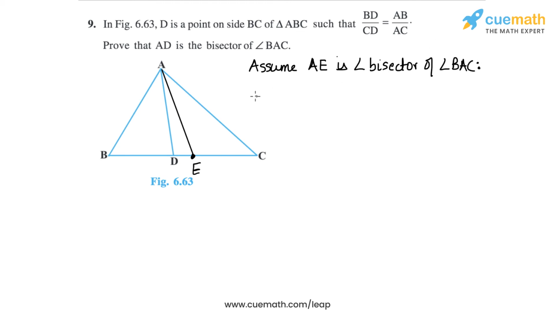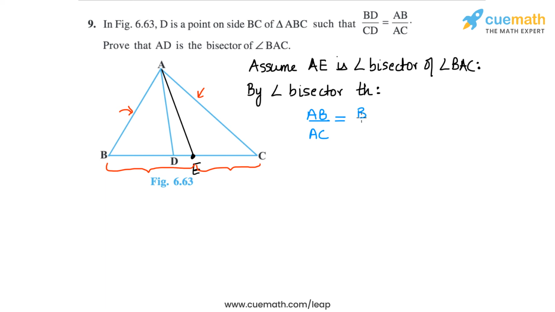Now we can apply the angle bisector theorem for AE, because we have assumed AE to be the angle bisector of angle A. So by the angle bisector theorem, we can say that AB by AC, the ratio of the sides containing the angle being bisected, will be equal to BE by CE. So let's write this. Using the angle bisector theorem, AB by AC is equal to BE by CE.